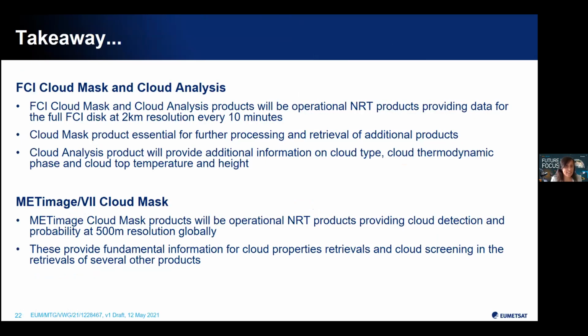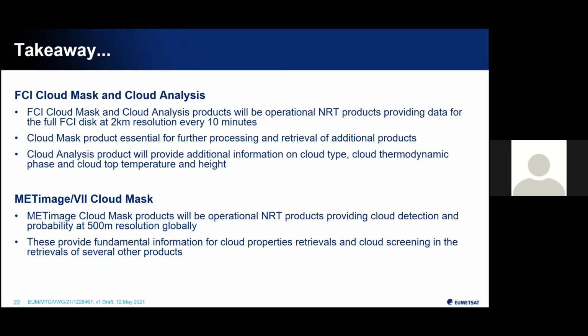And in this last slide, I give again back the word to Hans-Joachim for a few key points on FCI. Yeah, for FCI Cloud Masking and Cloud Analysis products, we will be operational near real-time products, providing data for the full FCI disk at 2 kilometer resolution every 10 minutes.